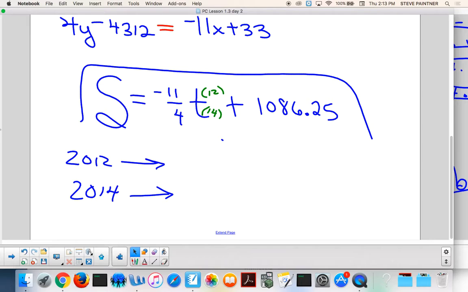So then it would be 0.2, and that makes sense, because right here, when you connect those 2 points, you're up about 0.2. You're right.